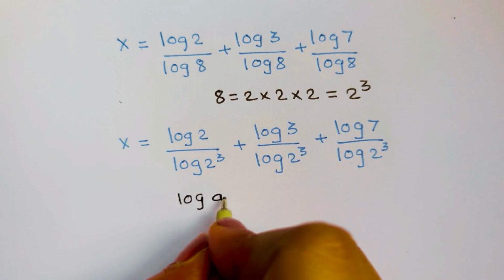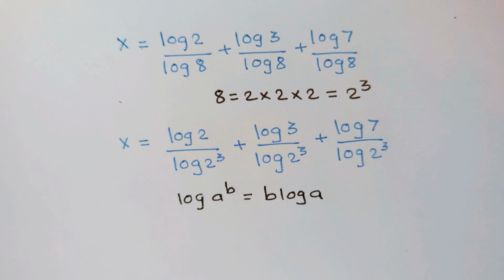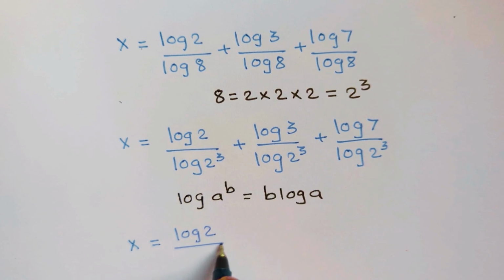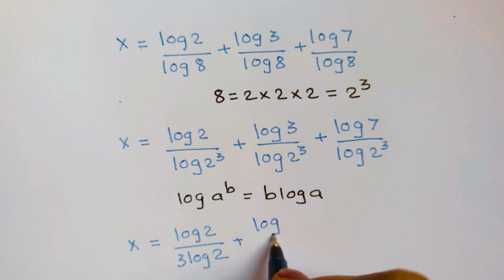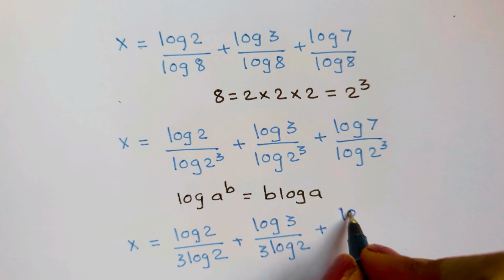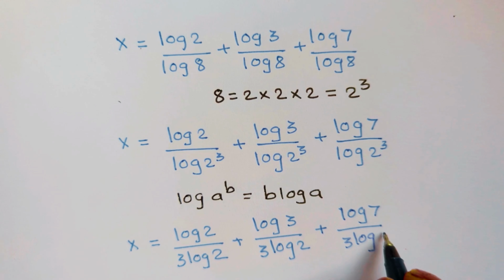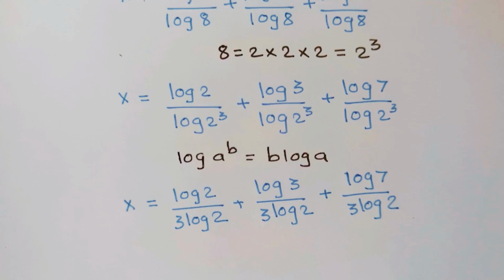Now we know a formula: log a to the power b will be b log a. Let's utilize this in the denominator and bring the 3 in front of the log 2. Log 2 divided by 3 log 2 plus log 3 divided by 3 log 2 plus log 7 divided by 3 log 2.